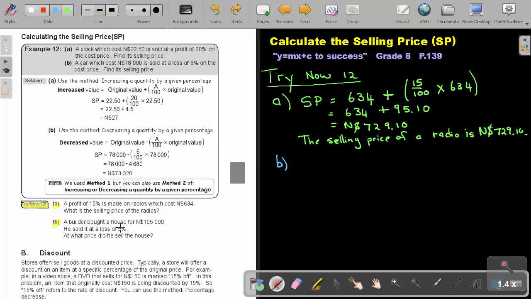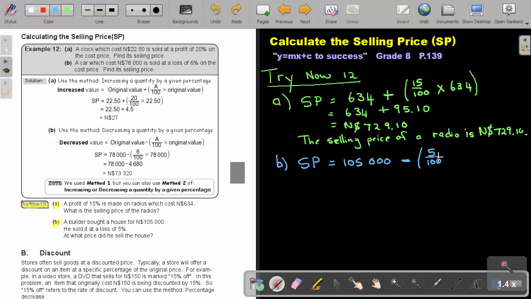A builder bought a house for 105,000 Namibian dollar. He sold it at a loss of 5%. At what price did he sell the house? Okay, now it went down. So it's a decrease. It's still the selling price, but it's just decreased now. So it's still 105,000 original value, but now it's minus. We must work out the loss of 5%.